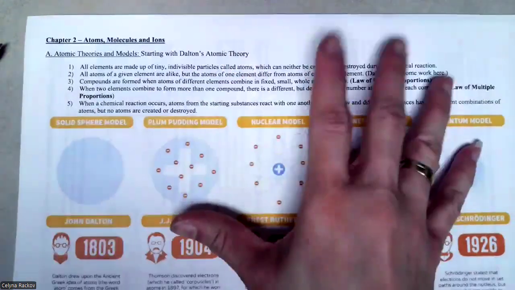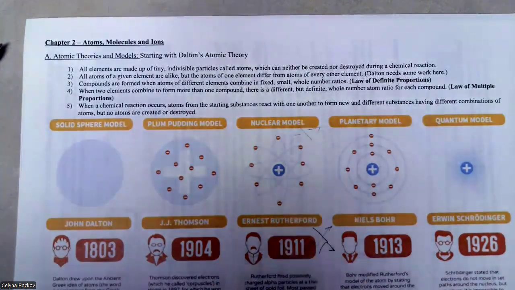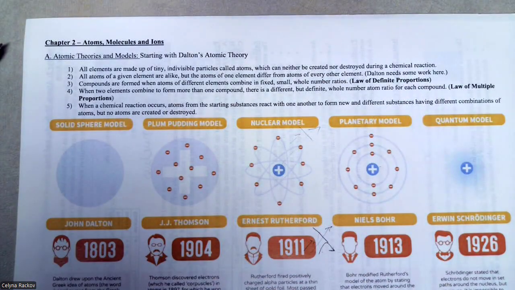Dalton's atomic theory. According to the theory, all elements are made up of tiny indivisible particles called atoms, which can neither be created nor destroyed during a chemical reaction.